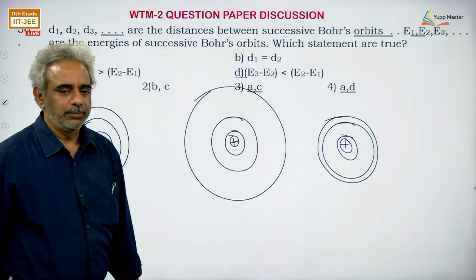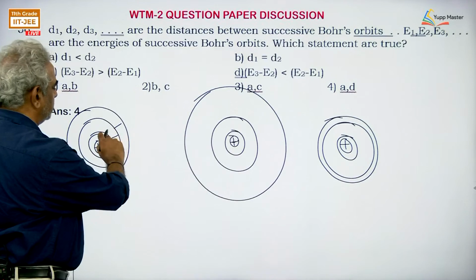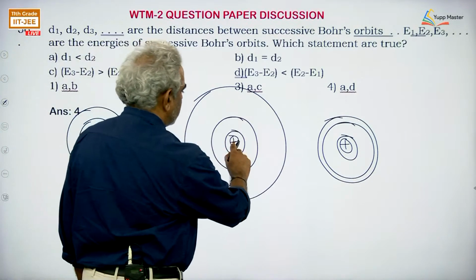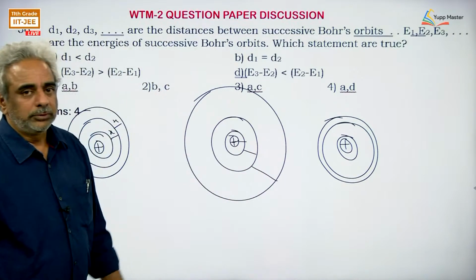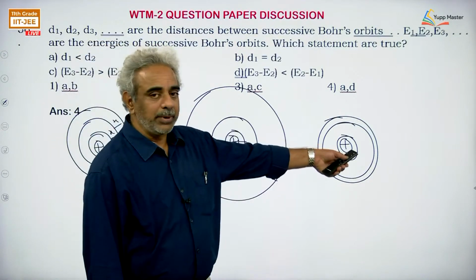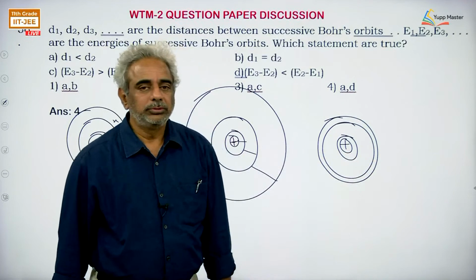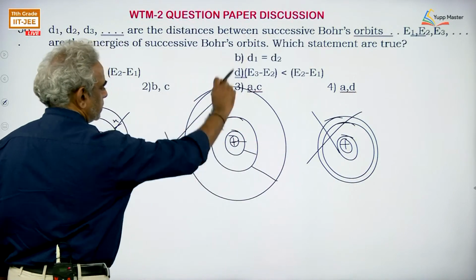See here what is happening, the gaps are identical. If this is x, this is also x. Here this gap is less, this gap is more, this gap is still more. The gap is increasing between two successive orbits. Here what is happening? The first gap is so big, the second gap is so narrow. So this is wrong, this is wrong, this is correct.